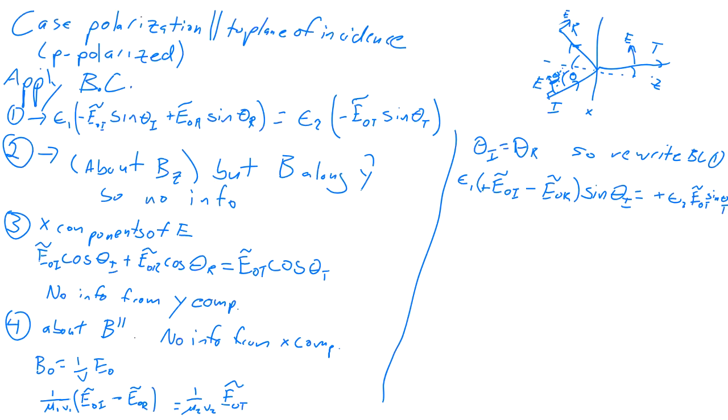We had before that the sine of the angle of transmission divided by sine of the angle of incidence, and we wrote it a couple different ways. One way though is n1 over n2. So this is coming from our law of refraction, which is v2 over v1, right? So let's rewrite this using that, coming down this way.